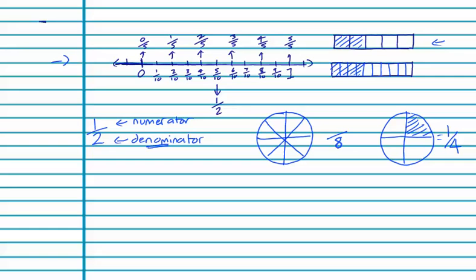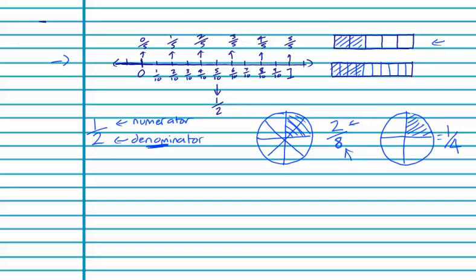But if I'd cut it up into 8 pieces, if I ate the same amount, I'd be eating 2 slices of a pizza that had been cut up into 8 bits. So my denominator names the fraction.